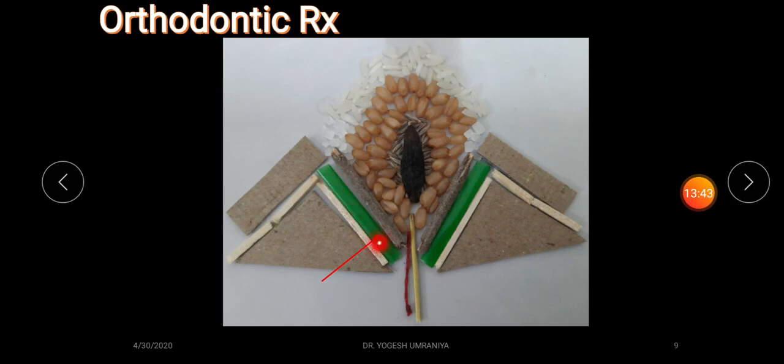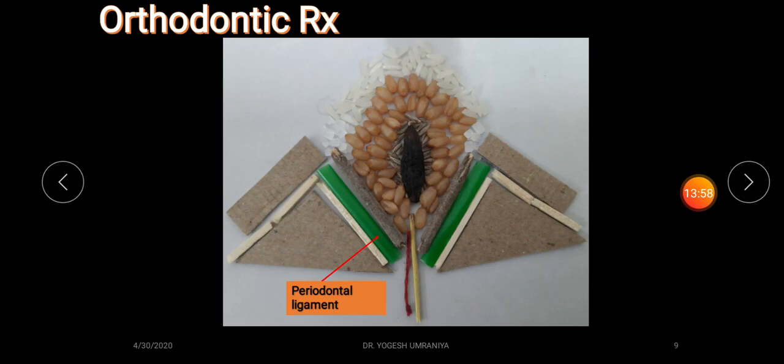So you can see this green structure, the periodontal ligament, is plastic in nature. So you can slightly reposition this ligament to correct the position of the tooth within the bony socket.